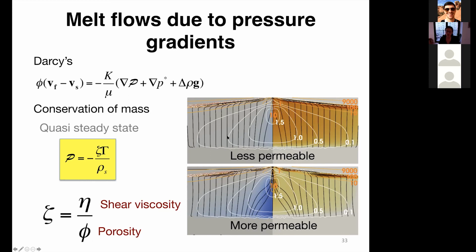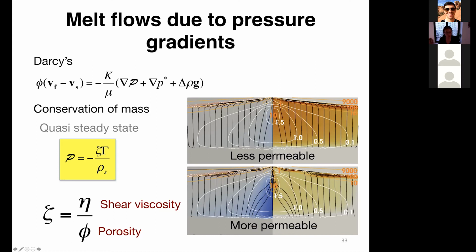Before, I was talking about how in a less permeable case, you tend to retain a whole bunch of melt, so your porosity is higher. And vice versa, for the more permeable case, you have more melt moving away from the region where it formed, and there's less melt retained, so porosity is generally smaller.